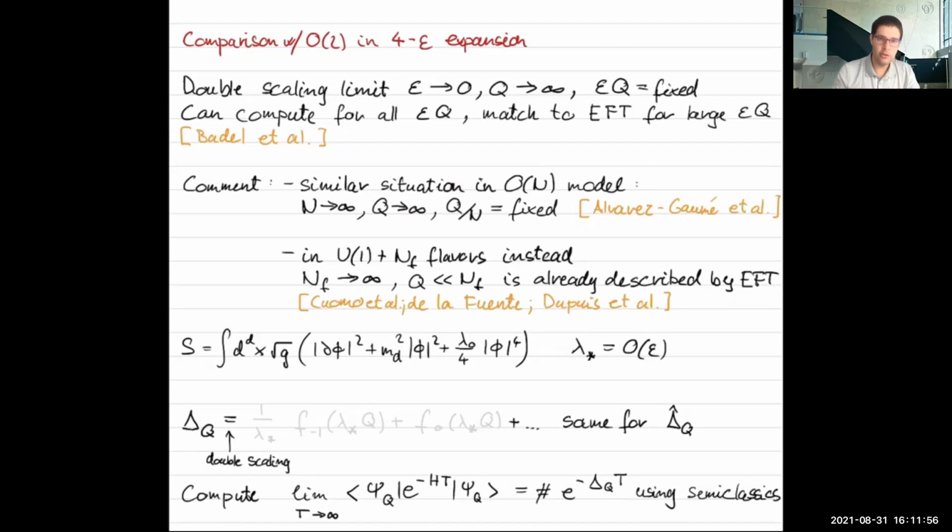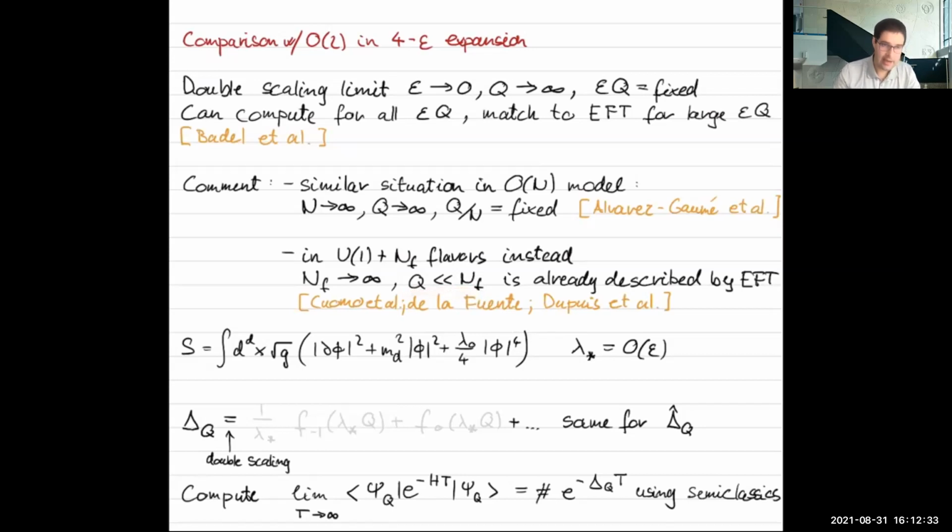I would like to just mention another example, which looks very similar to the 1/N expansion in the O(N) model, but actually for this EFT is different and somewhat less explored, I would say, which is U(1) gauge theory with NF flavors, where you take NF to be large. So here the EFT description already applies in the NF goes to infinity limit with Q kept order 1 but large.